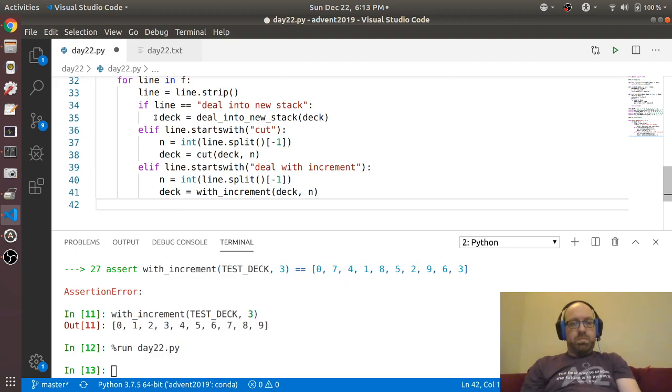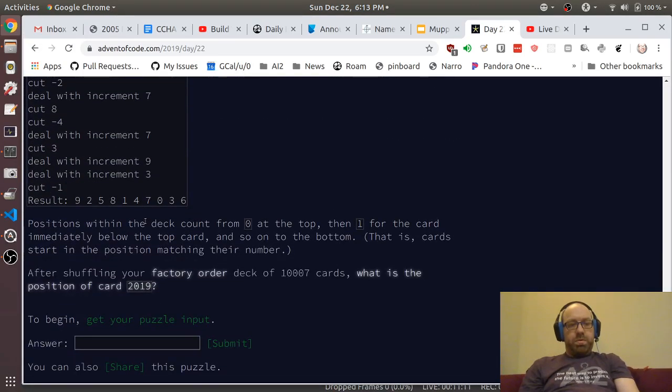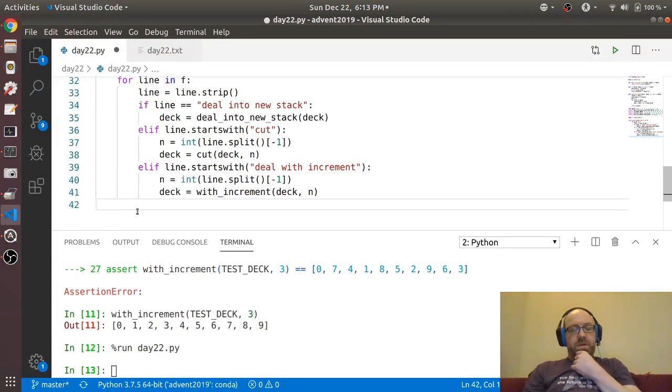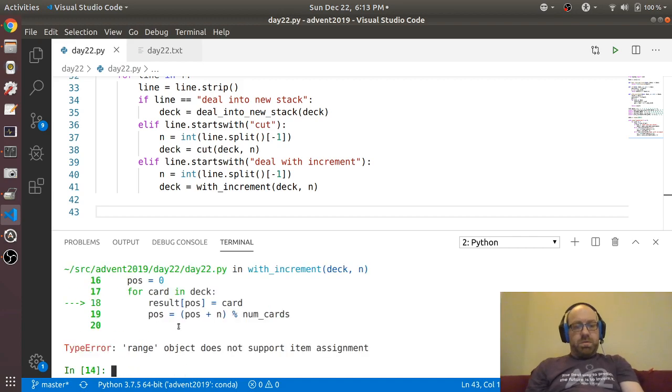and then what does it want me to return? It wants me to return what is the position of card 2019. Okay, well, let's just do this.